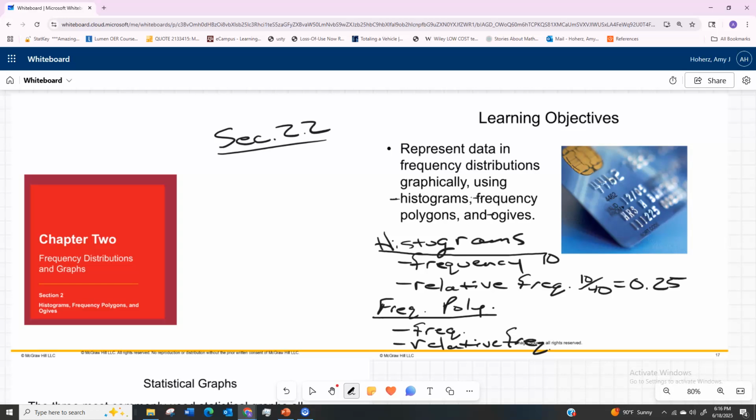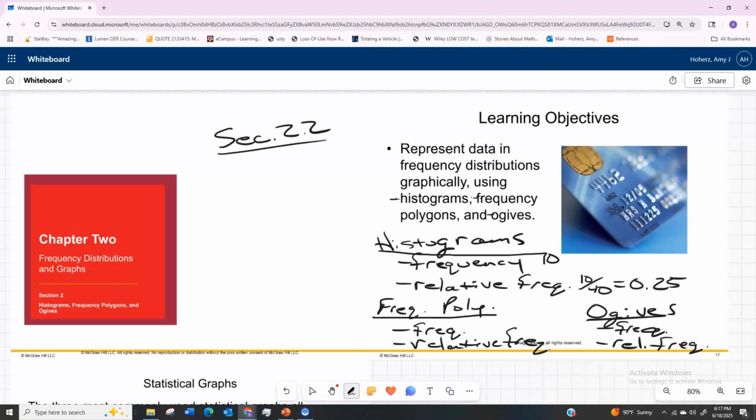And then the last type are the ogives, and the same with that: there's frequency ogives, and there's relative frequency ogives. Because of that, we end up with 3 main types of graphs, but each of them has 2 subcategories. So just to give you a heads up as to what these different graphs are before we get into the details.